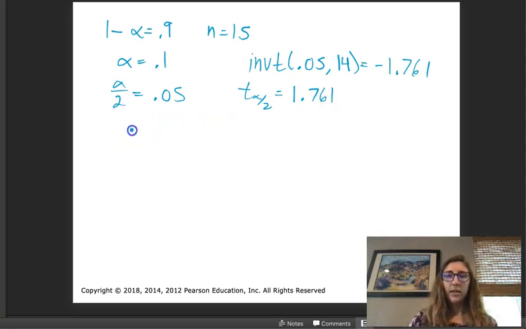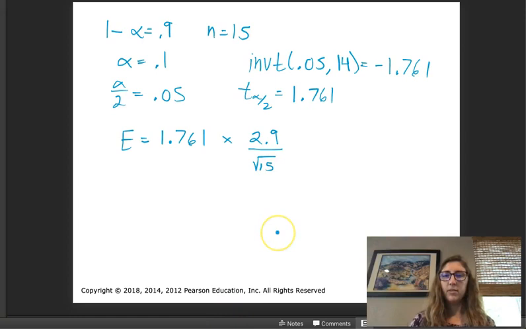All right, now to get our margin of error, we take this critical t value here, and we need to multiply it by that standard deviation, which was 2.9, and divide by the square root of n.